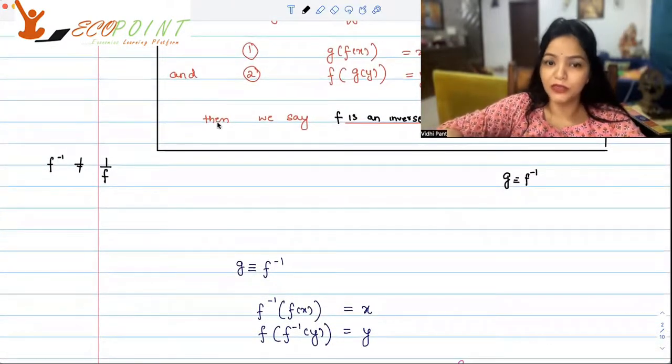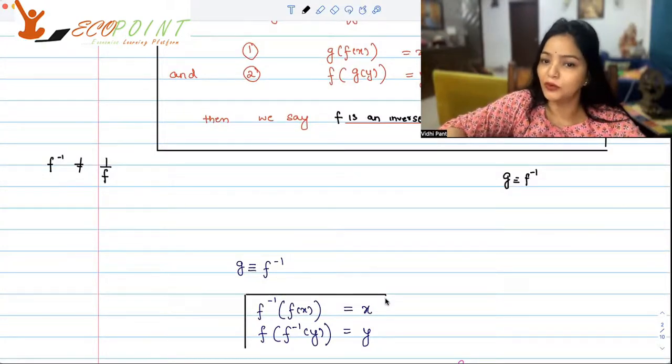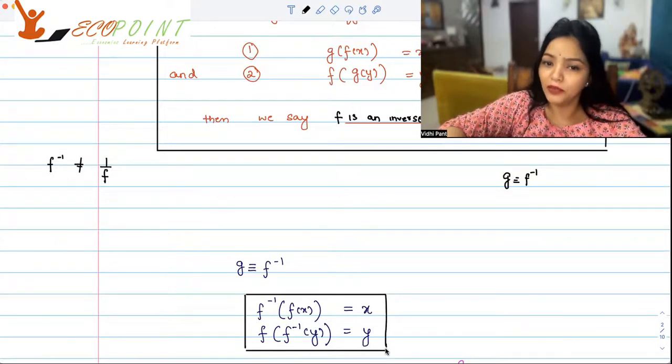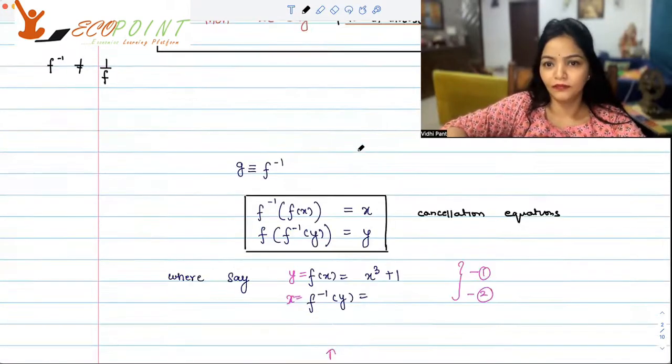Or in other words, what is happening? f inverse of f(x) is equal to x, f of f inverse of y is equal to y. So that's what we mean by cancelling effects. We even call these two equations cancellation equations actually.